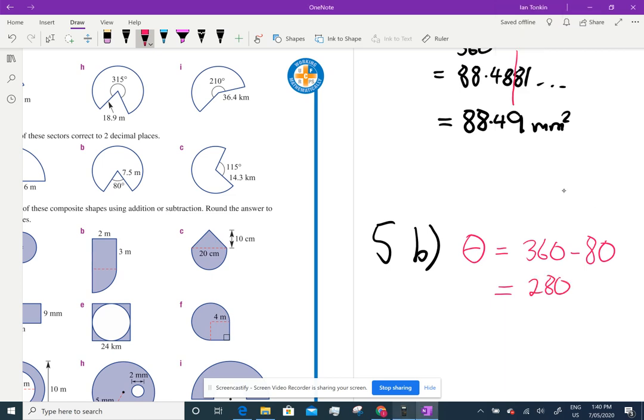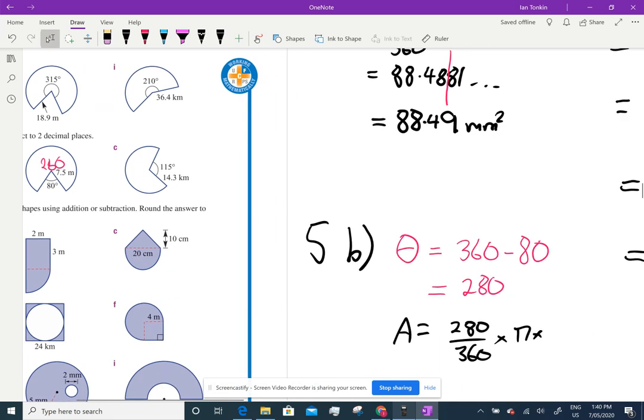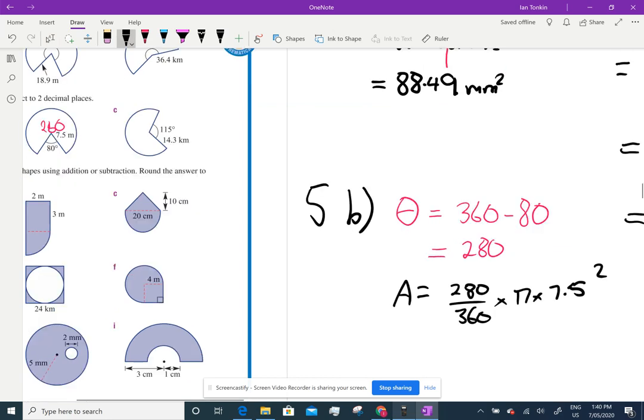And now I know that that angle is 280. I can do it. So the area equals 280 on 360 times pi times the radius, 7.5 squared.